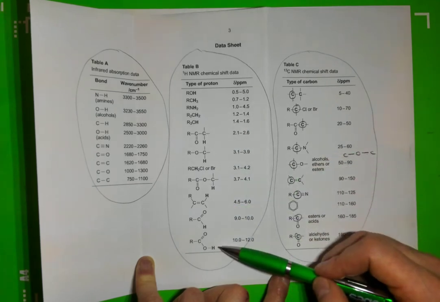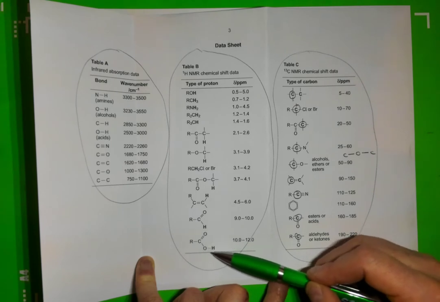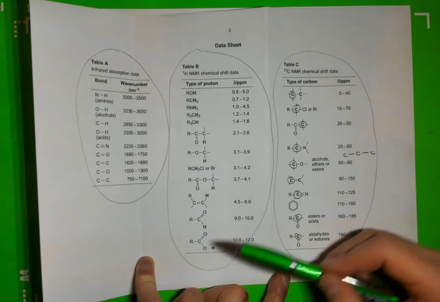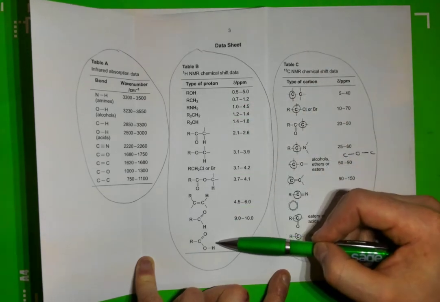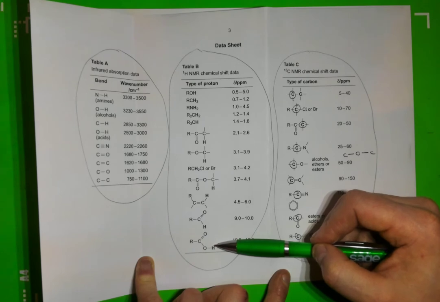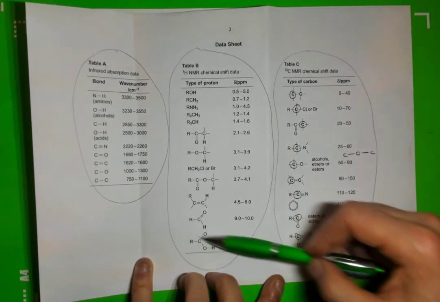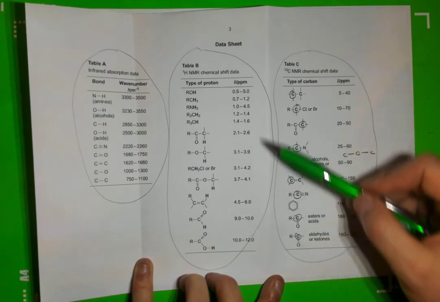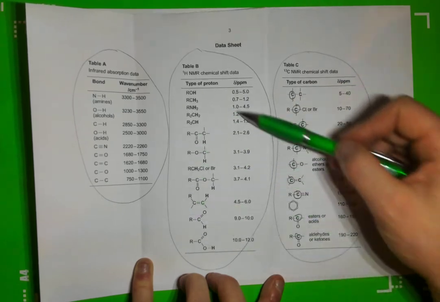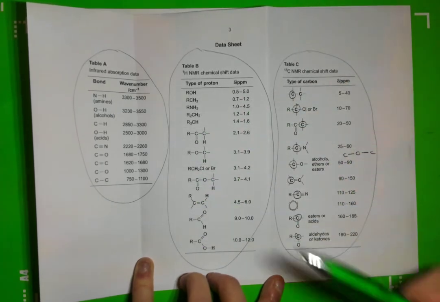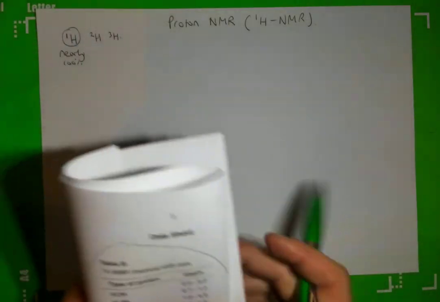And at the bottom here we've got an OH again, but you can see that that OH value there is completely different to that one there. So that's the alcohol and that's the carboxylic acid. So again, just like I suggested with the carbon-13 NMR, I would suggest that you print a copy of this data sheet off and write those notes down on your table B. So you might want to rewind the video now to do that. So we're going to need this during this video.